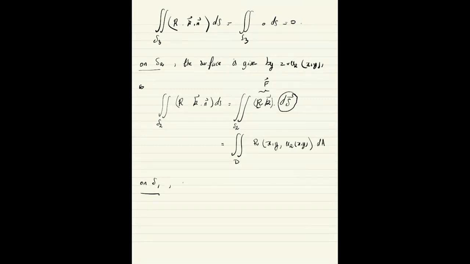So on S1, we have z equal to u1(x,y), but on this surface the normal vector points downward.